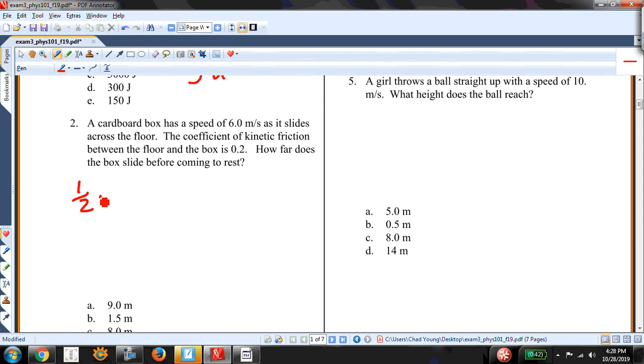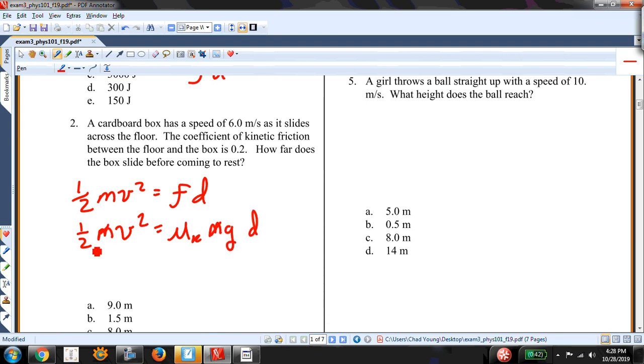So all this kinetic energy, 1/2 mv squared, is going to go into the work done by friction. Oh, I don't know the mass. Oh no. So mv squared, but if I look at this frictional force, it is equal to mu k times the normal force, which is m times g. And so my masses all cancel out.